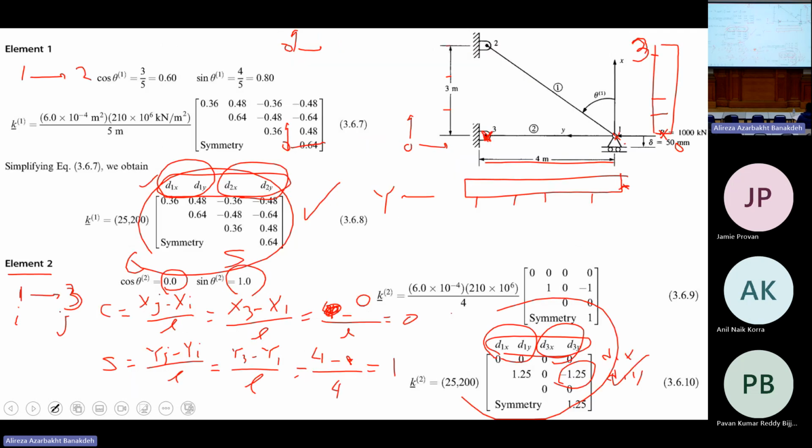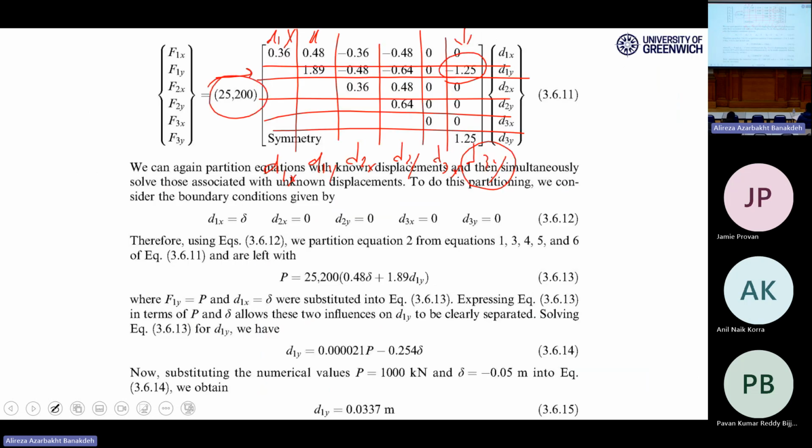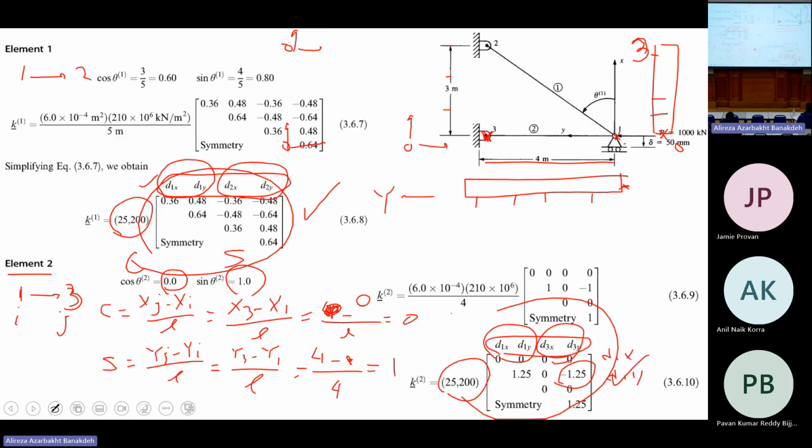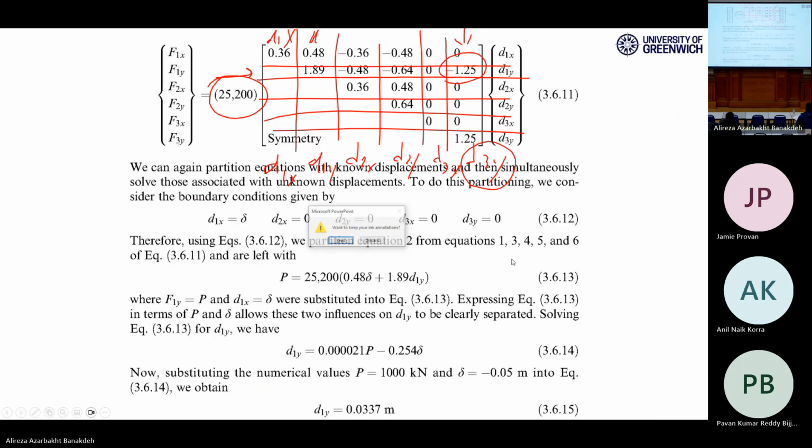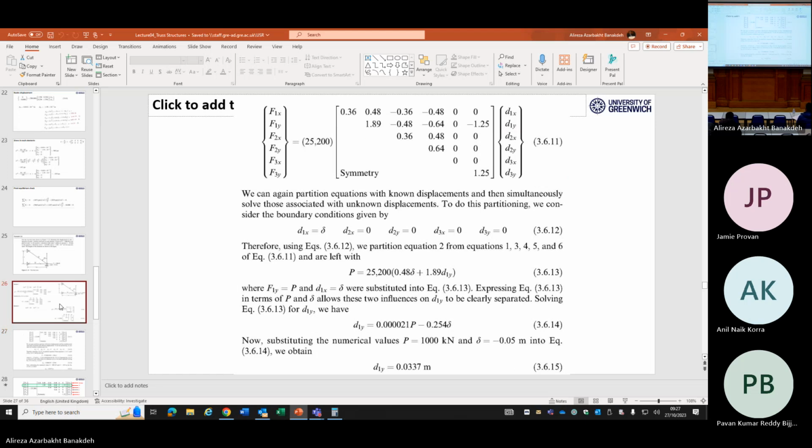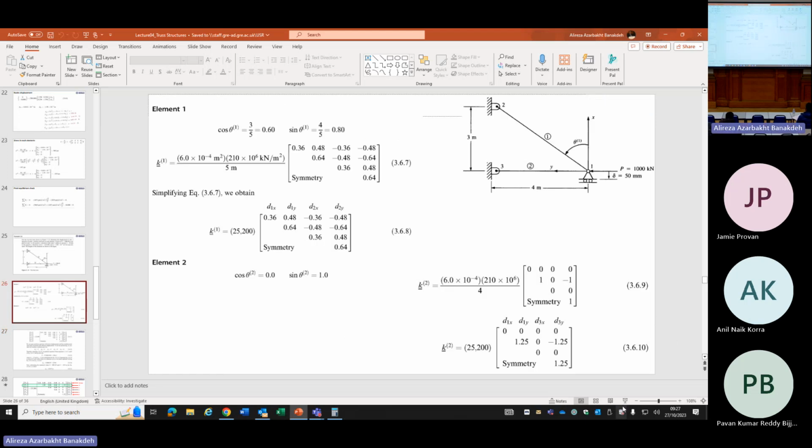Just a hint, you always have some numbers at the back of your matrices. Here you're lucky and the number is 25,200. Okay, so it means that you should not worry about it. 25,200 comes here for all of the numbers, right? But if it was different between these two, what would I do? It's just a simple algebraic trick.